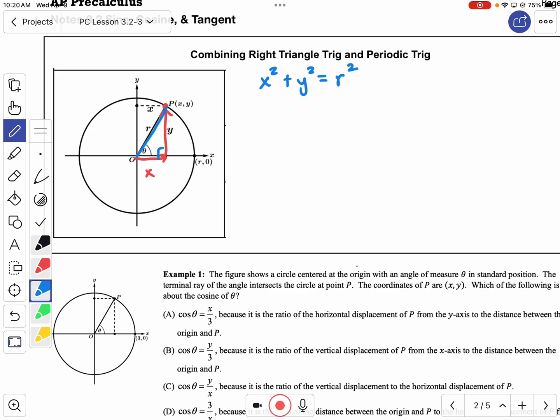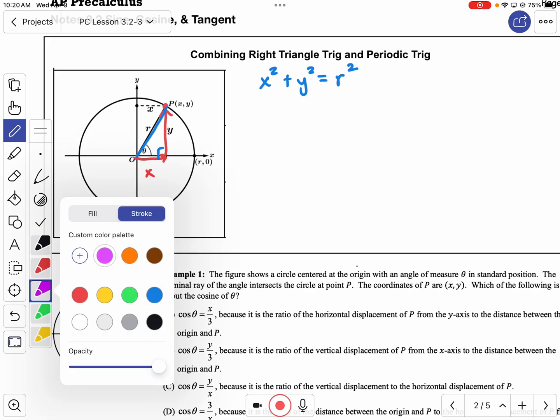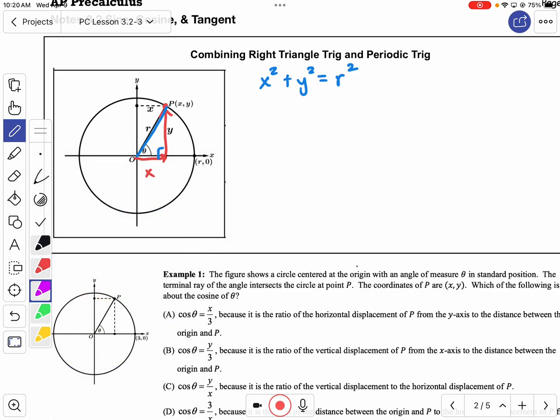Now, let's talk about how we would get my cosine. How would I get cosine of theta if we're thinking right triangle trig? There's a right triangle there. So cosine is going to be what? Adjacent. So which side is adjacent to theta? x. And my hypotenuse is r. In the unit circle, cosine was equal to x. Why?